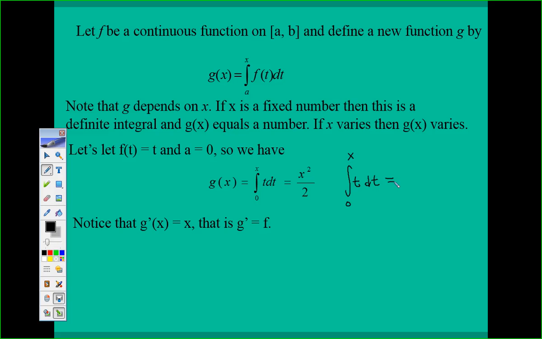The antiderivative of t is t squared over 2 evaluated from 0 to x. Notice now when we apply the fundamental theorem, it puts it back into terms of x. So we'd have x squared over 2 minus 0. So that's where we're getting x squared over 2.